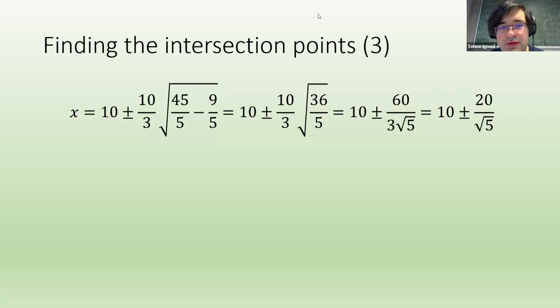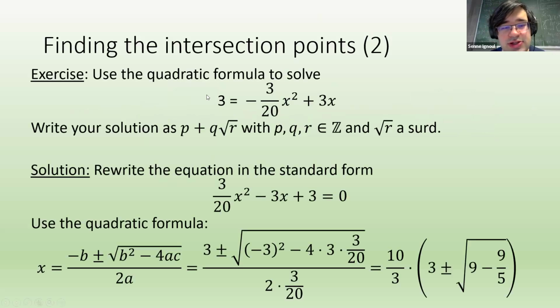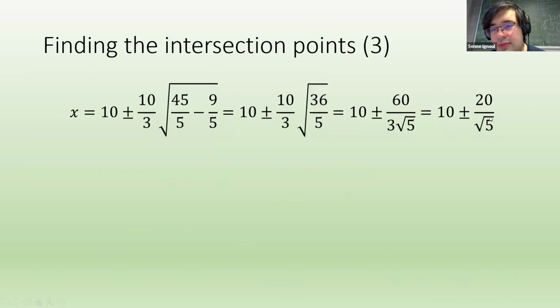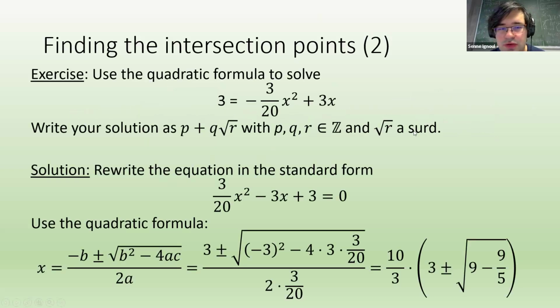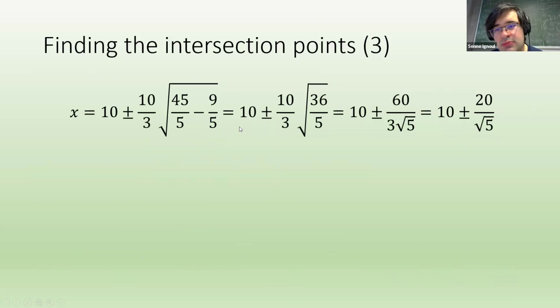However, this is not the result that I asked for. I asked for an integer plus an integer times a square root. Now, how can we go from this expression to an expression that looks like integer plus integer times square root of an integer? Well, if we multiply a fraction with the same number in the numerator and the denominator, that means that we get the same fraction.